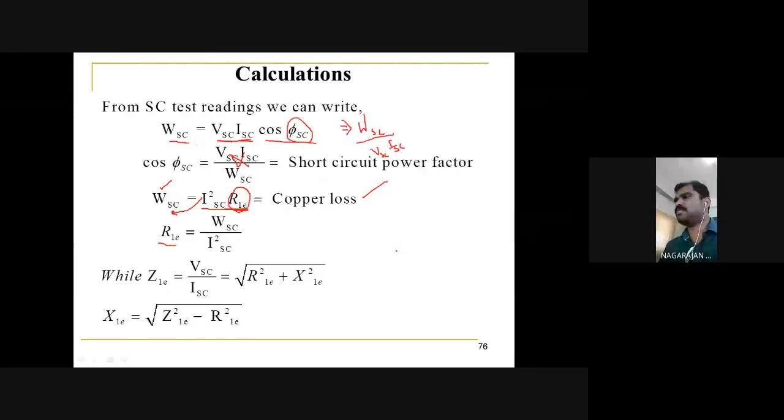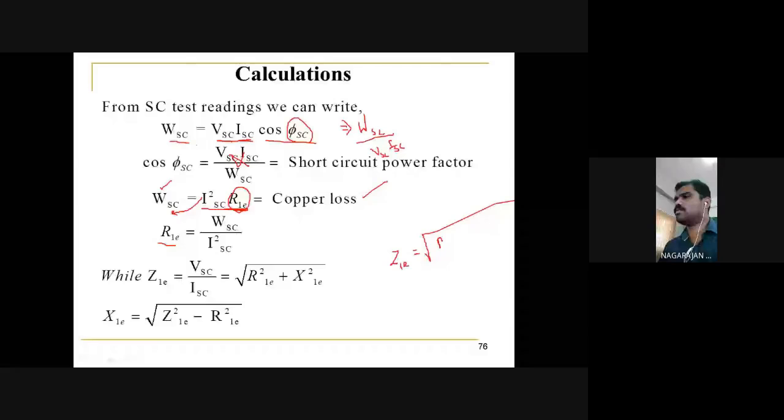So what is the value of Z1E? The equivalent impedance is given as Z1E equal to the square root of R1E square plus X1E square.